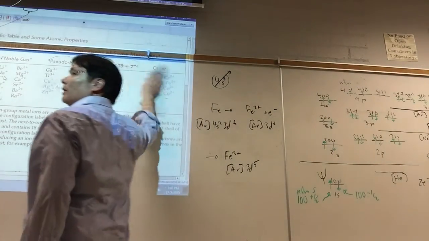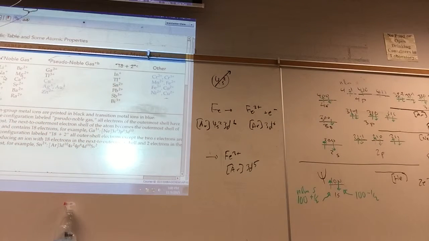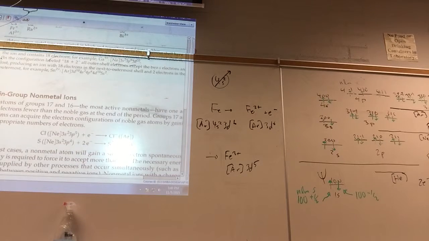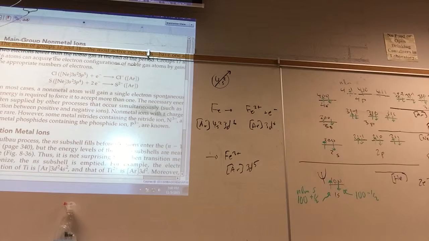And so we can use periodic properties to figure out common charges for ions. Okay, that's for losing.